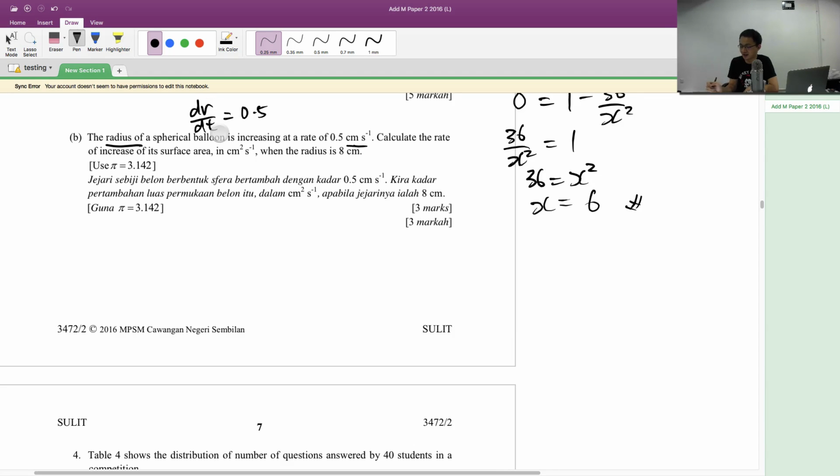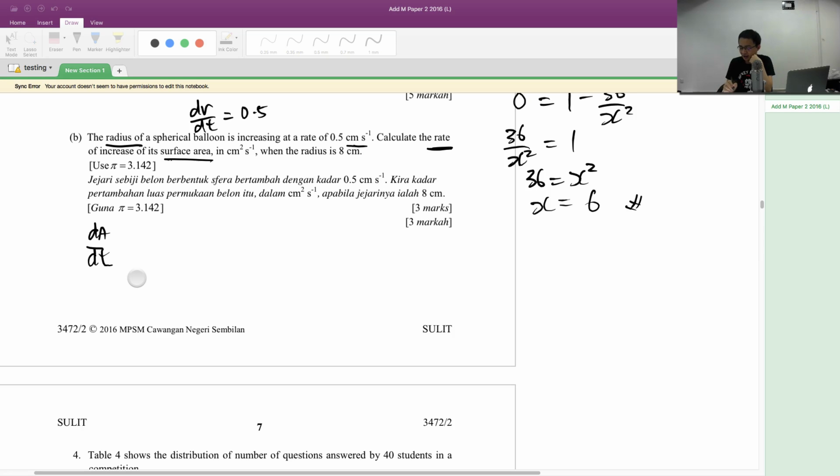So I have r and t here. Calculate the rate of increase in the surface area when r equals 8. Okay, this question is a bit tricky. Now they want dA/dt. Because whenever you see the word rate, it means dt is at the denominator. Increase of surface area means they want something to do with area. So I say dA/dt.